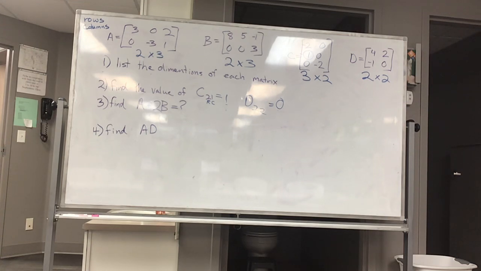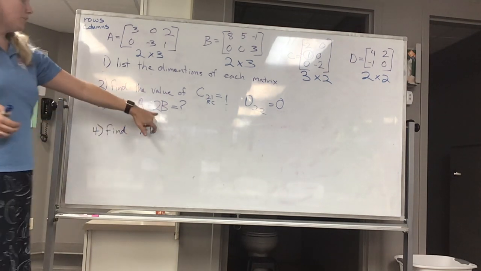So 3 jumps a little bit. Before we do 3, we're going to talk about what a scalar is. If you think about a recipe and I tell you we're going to double it, what does that mean? Times 2. What do we times 2? Everything.